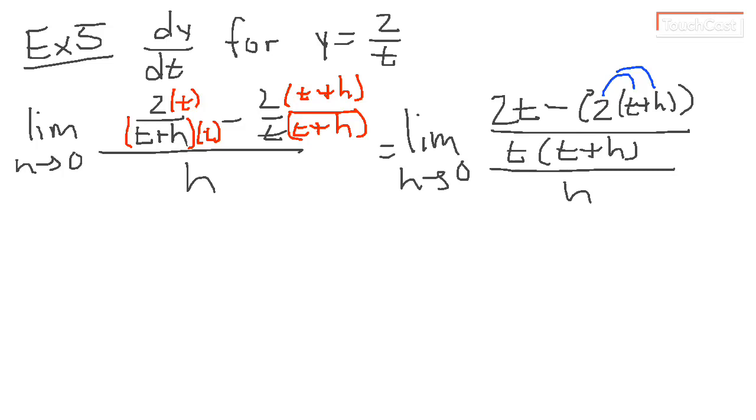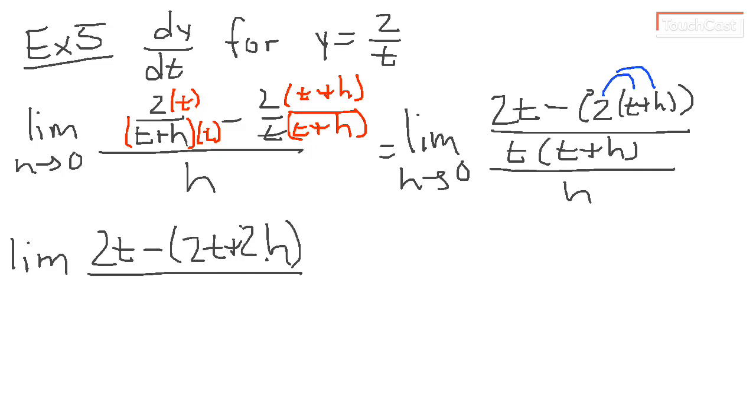And we're going to have the limit of 2t minus 2t plus 2h, excuse me, over t times t plus h, all over h as h goes to 0.